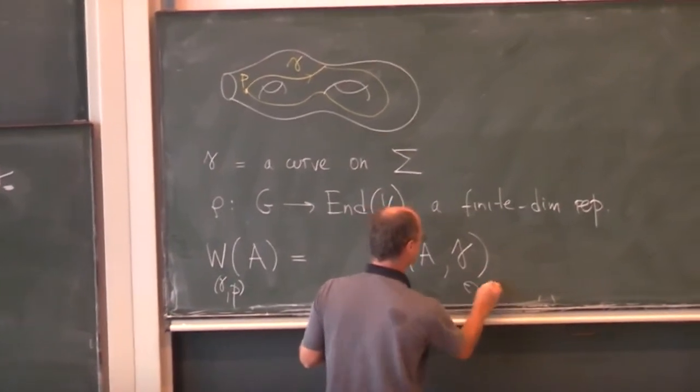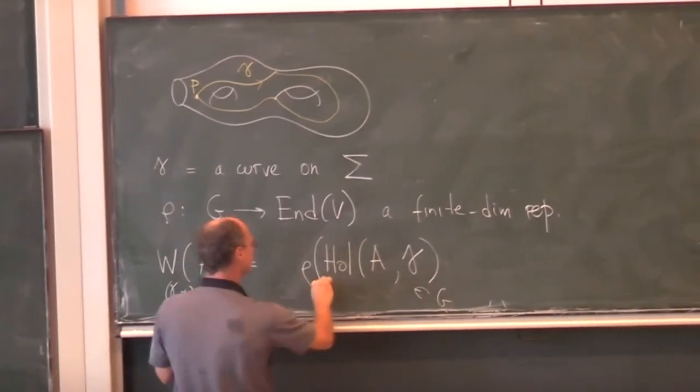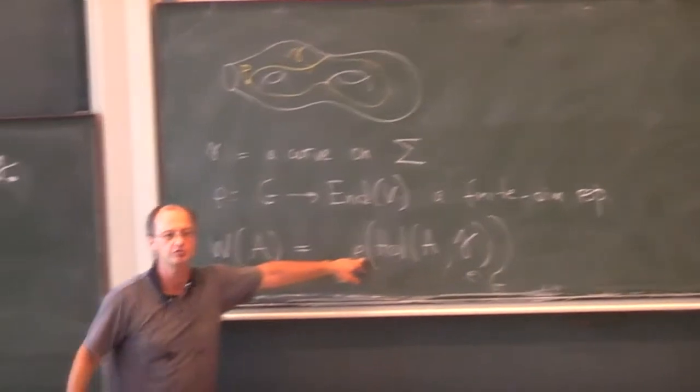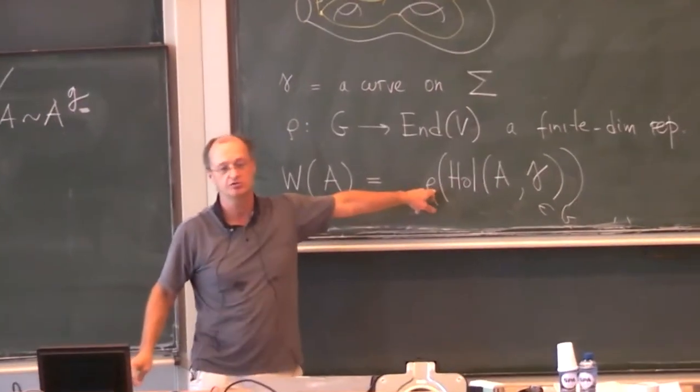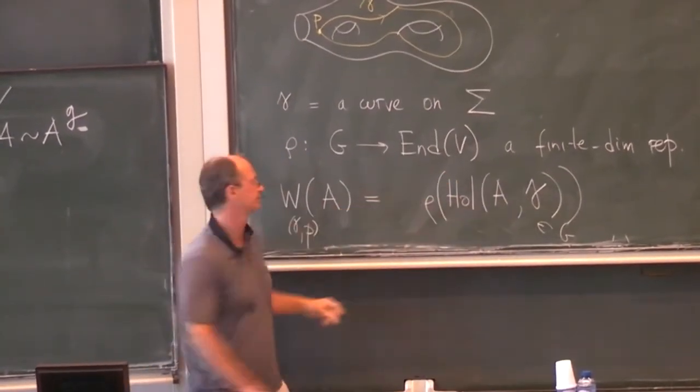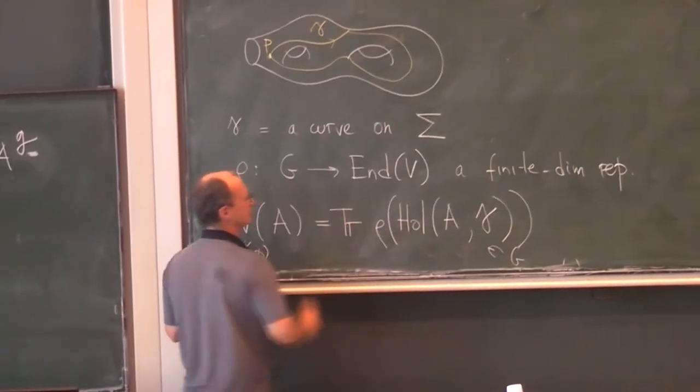So this is an element of G. Then let's take a representation rho applied to it. Now this becomes a matrix. And now take a trace of it.